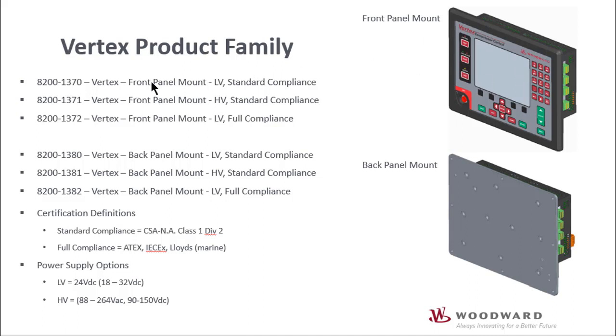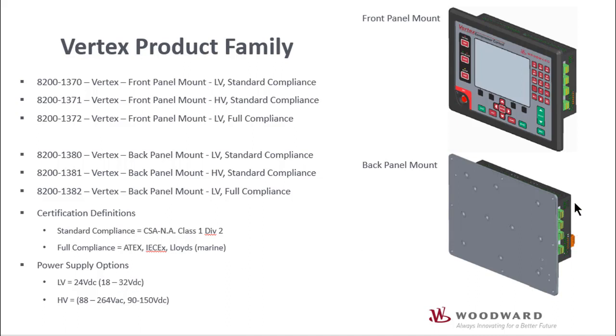So there is a low voltage standard compliance, and low voltage is 18 to 32 volts DC. A high voltage standard compliance, which is 88 through 264 AC or 90 through 150 DC, and a low voltage full compliance, which has the ATEX and Lloyd's Marine certifications, and that's just available in a low voltage offering.